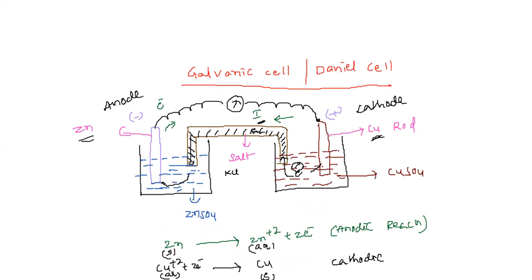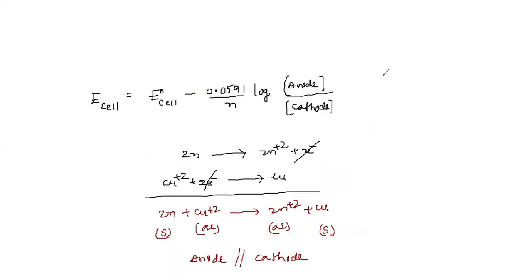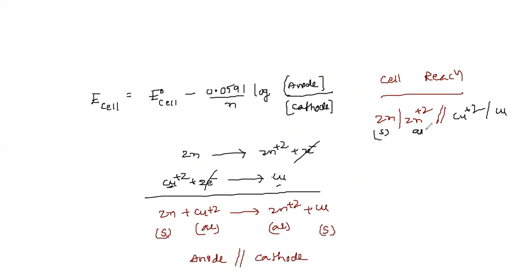Zinc is converted to Zn2+. So we write Zn, then Zn2+, then two lines showing the salt bridge, then Cu2+, and then Cu. This is the cell notation: solid, aqueous, salt bridge, aqueous, solid.